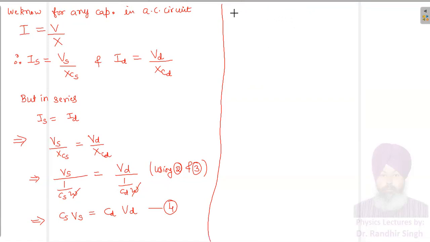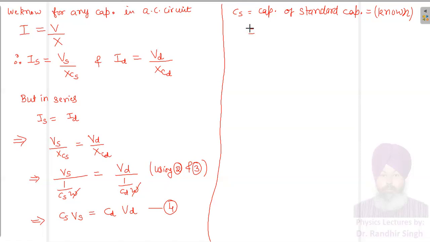Now CS is the capacity of a standard capacitor. It is known to us, so we will use this value.